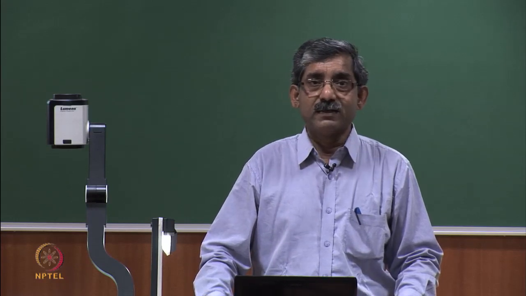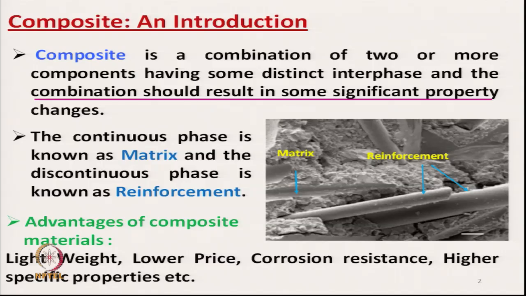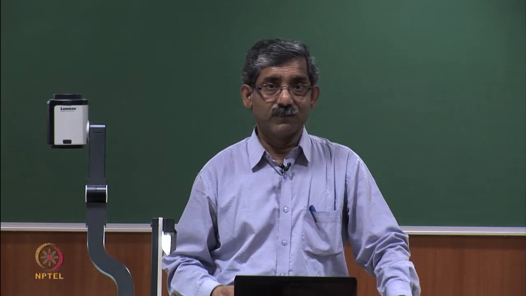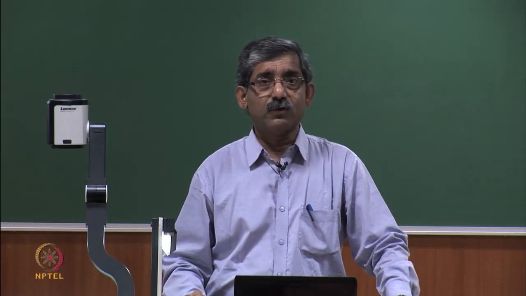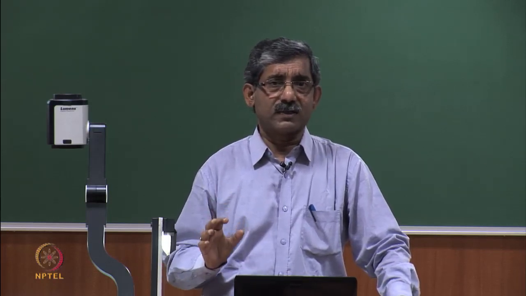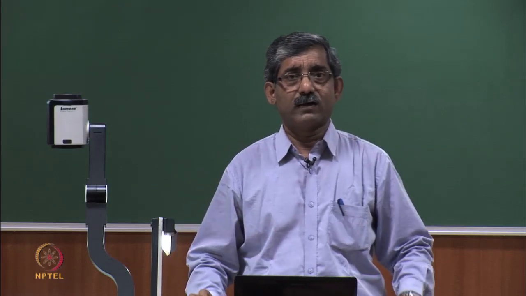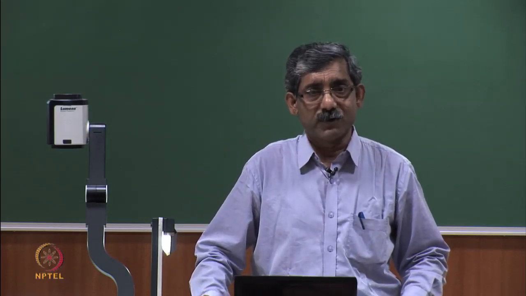Its price should be lower as far as similar characteristics are concerned. It should be corrosion resistant, with higher specific properties. So, higher specific strength should be there, and it should be lighter. All these characteristics are required in composite material.